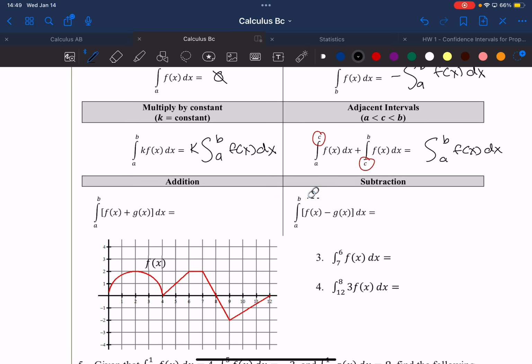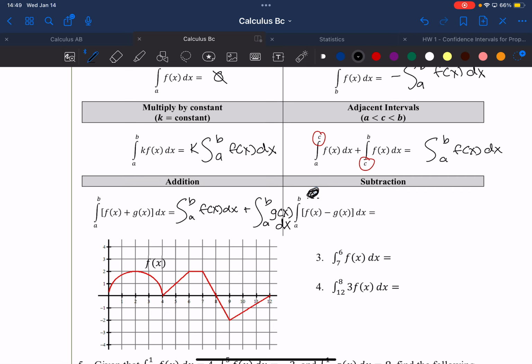The next two are the addition and subtraction property, which states that if we are adding or subtracting two functions, we can rewrite this as two separate integrals. So this could be the integral from a to b of f of x dx plus the integral from a to b of g of x dx. Same with the subtraction.